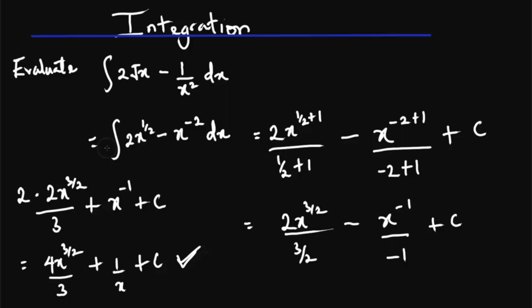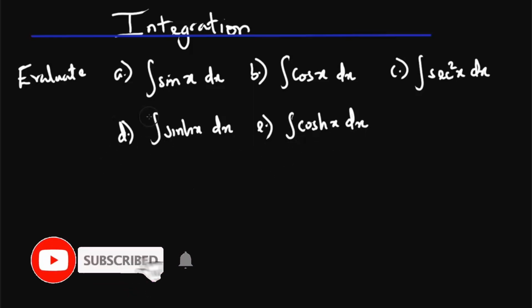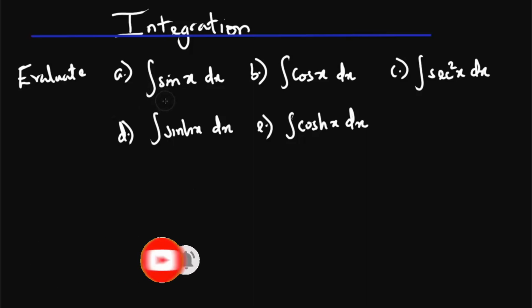Very simple. Here we're to integrate sin x, cos x, sec²x, sinh x, and cosh x dx. When you know one, you basically know the rest. And from your differentiation, you can know what the answer will be for the integration.